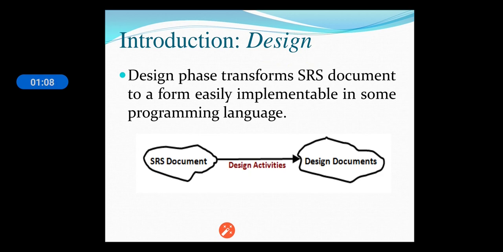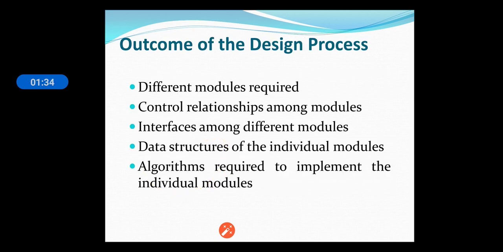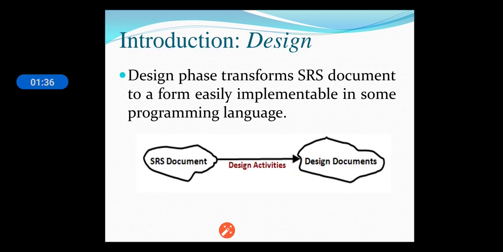So during the design phase, we transform the SRS document to a form which is easily implementable in some programming language. So that means now the SRS document is converted into such a format using which we can implement it by using any programming language. So now by applying some set of design activities, our SRS document is converted into the design document.